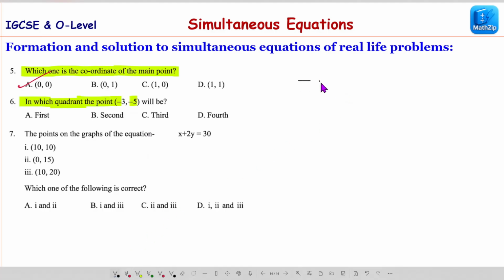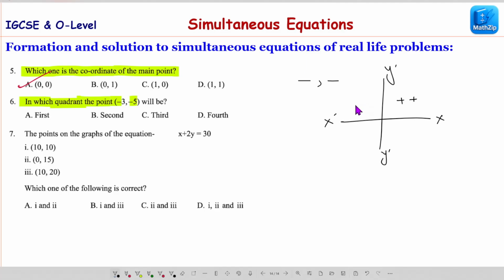So minus and minus, actually this one, look, here is the x axis and here is the y axis, right? So first quadrant, plus plus, it means both x and y plus.